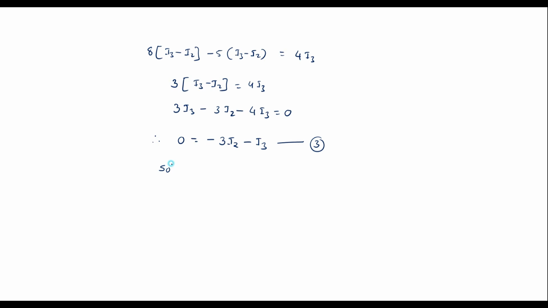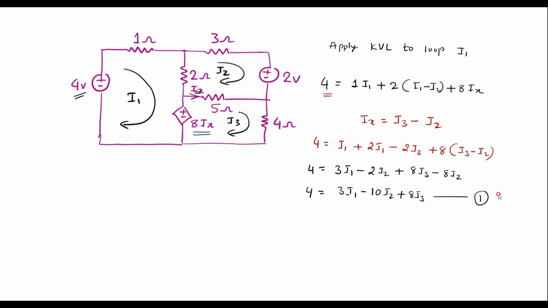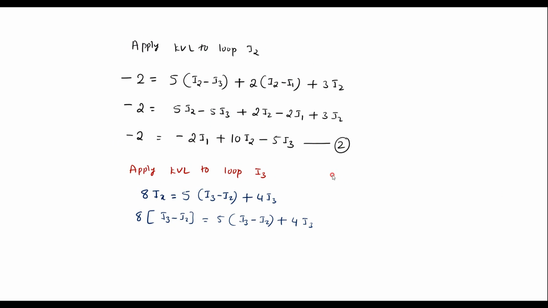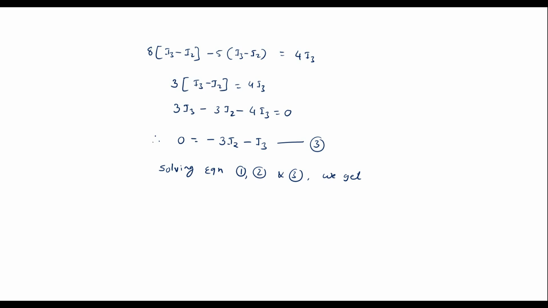Now solving equations 1, 2 and 3. Here we have three equations, and these can be directly solved using a calculator. Keep the calculator in equation mode and choose 3 unknowns.